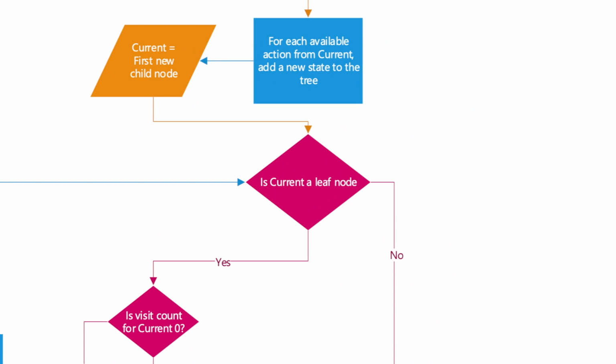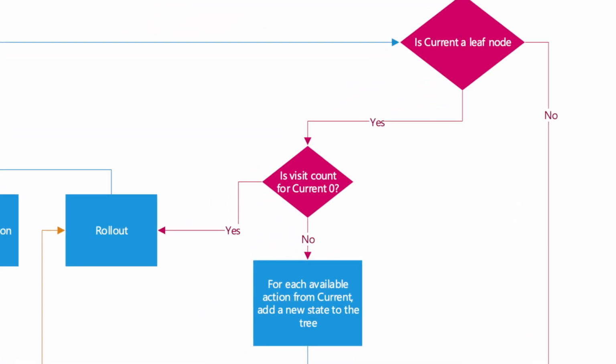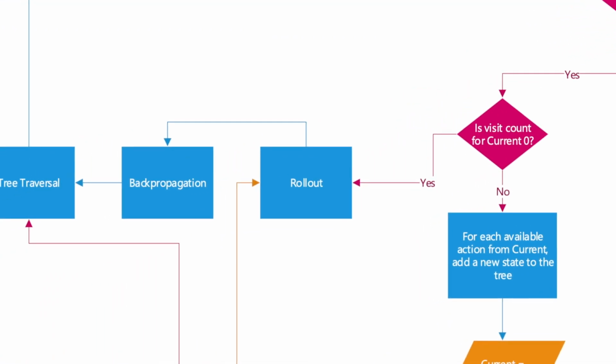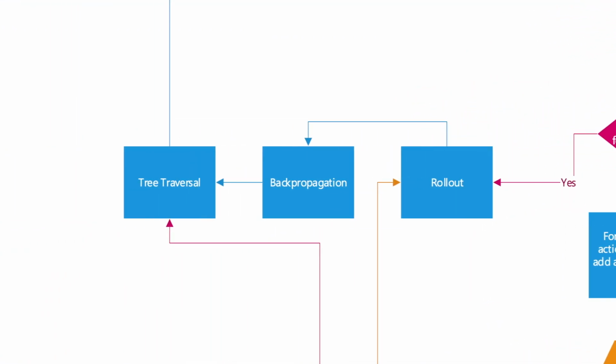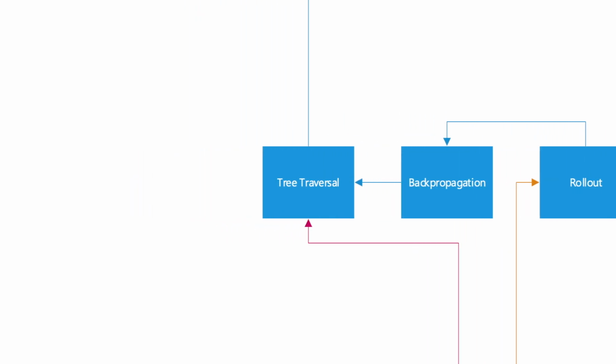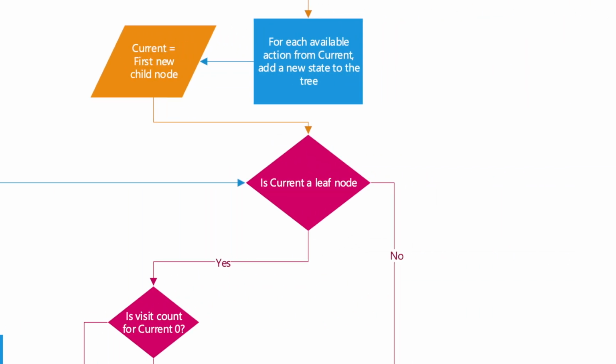Then the question is asked, is the current state a leaf node? If yes, we check, is the visit count for current 0? If that node has not been visited before, we perform that rollout phase. We get a value, we backpropagate all the way up the tree, then we repeat the tree traversal process. We pick a node that maximizes the UCB1 score and choose that node. Is the current node a leaf node?